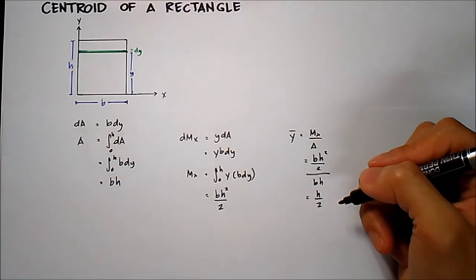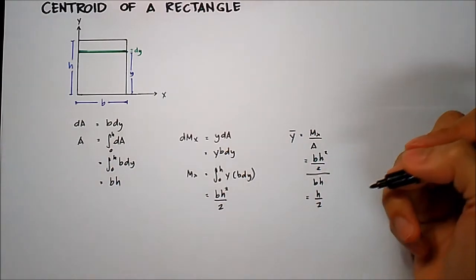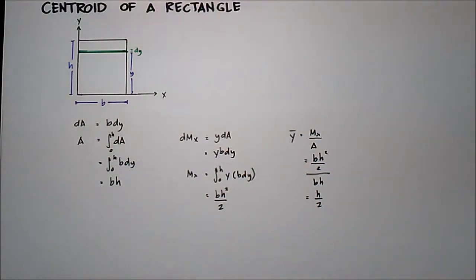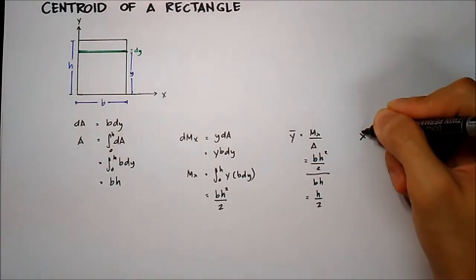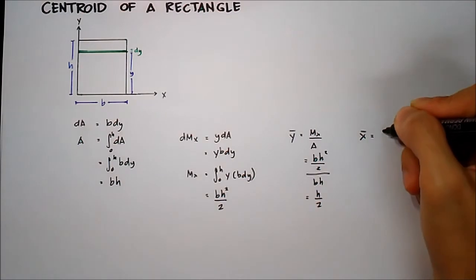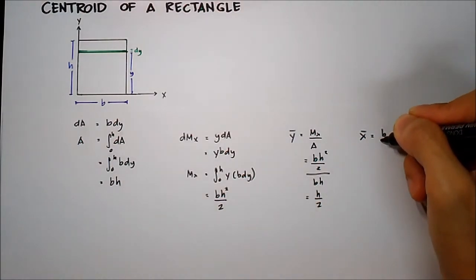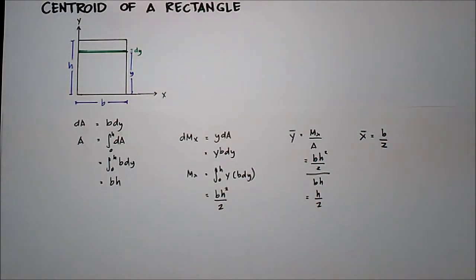In a similar manner, we can consider a vertical strip at a distance x from the y-axis and of infinitesimally small thickness dx, and obtain the x-ordinate of the centroid as b over 2. Thus, we can see that the centroid of a rectangle lies at the midpoint, or in other words, at the intersection of two diagonals.